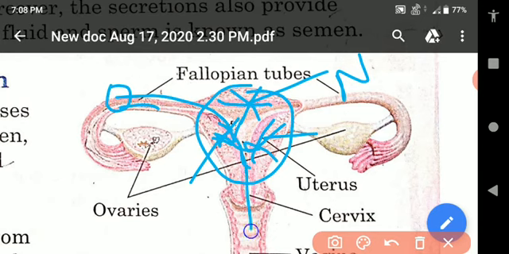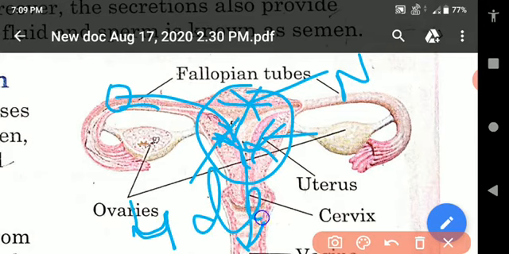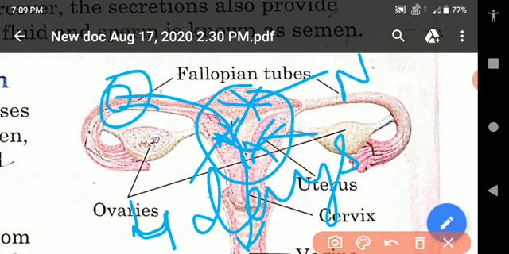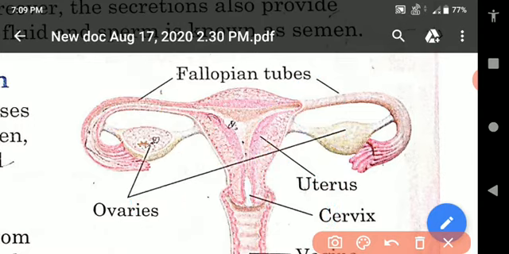and come out of the vagina with some blood for about 4 days in a month. For 4 days in a month, this blood along with some nutrients and the burst ovum comes out through the vagina, which is actually known as the period in the female.